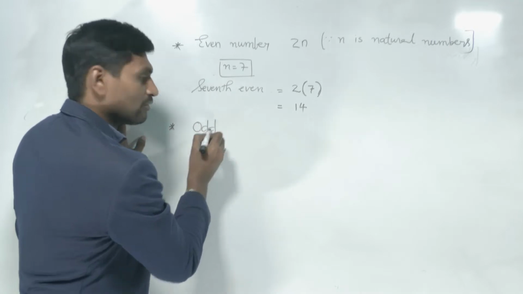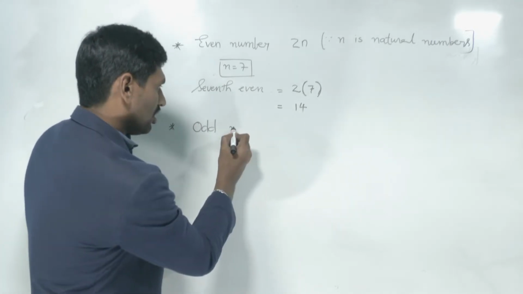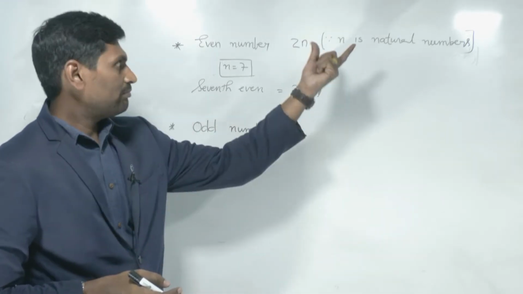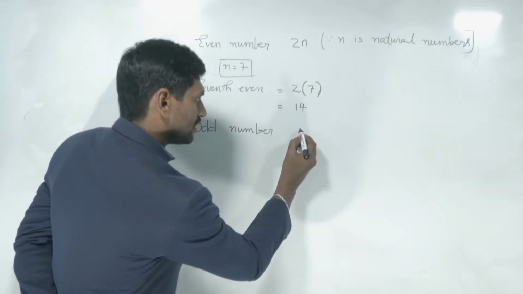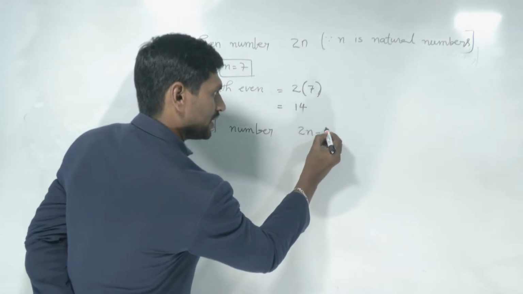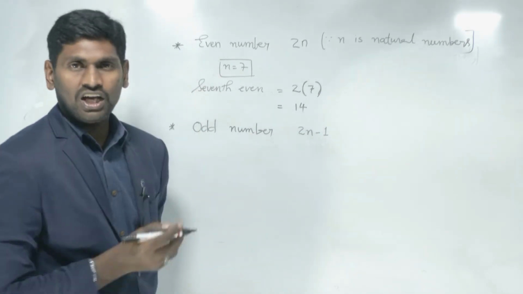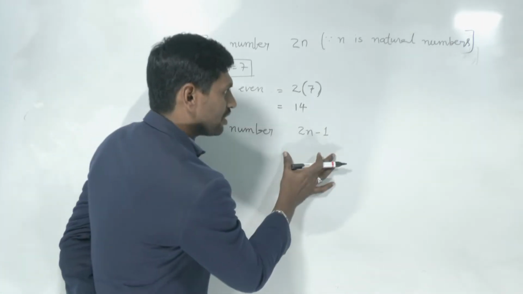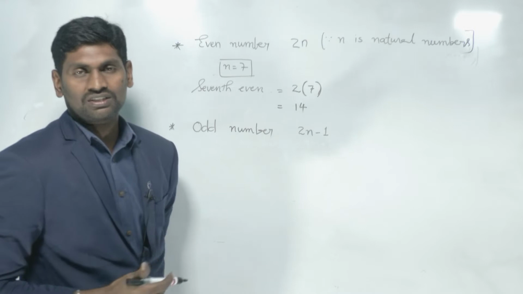Same way, odd numbers also must have one form. Like even numbers 2n, odd numbers are in the form of 2n minus 1. Or you can take 2n plus 1 also. If you take 2n plus 1, n must be a whole number.